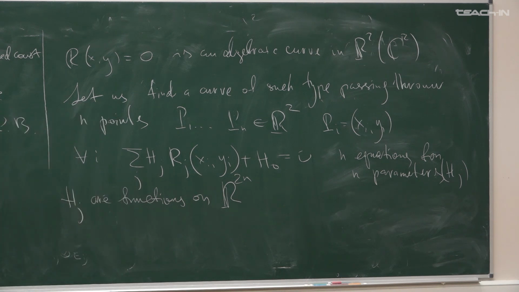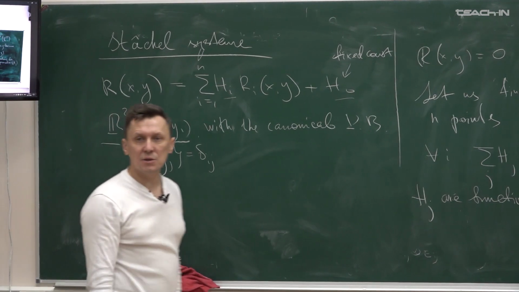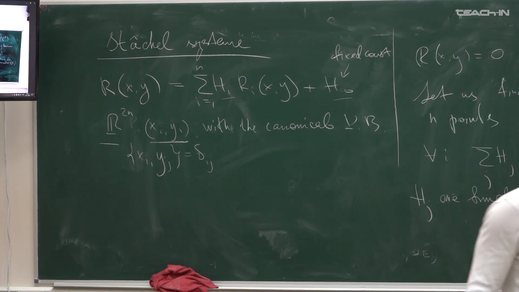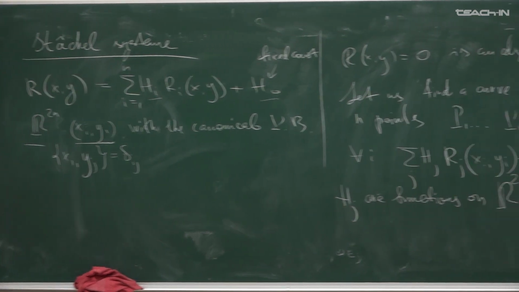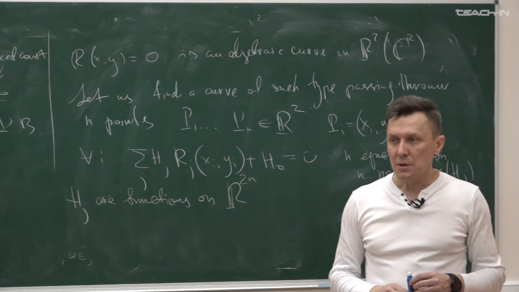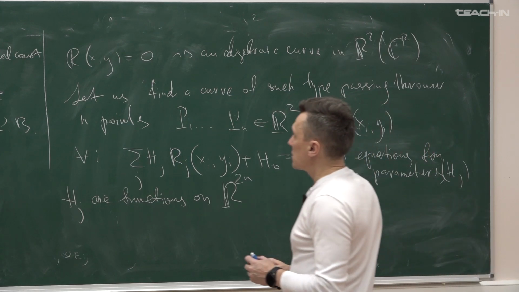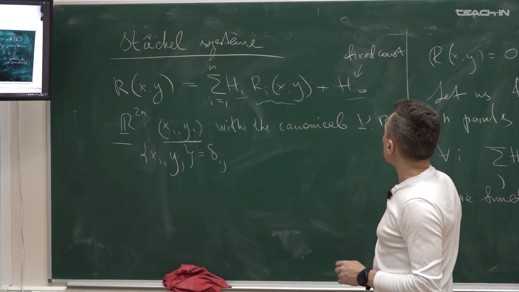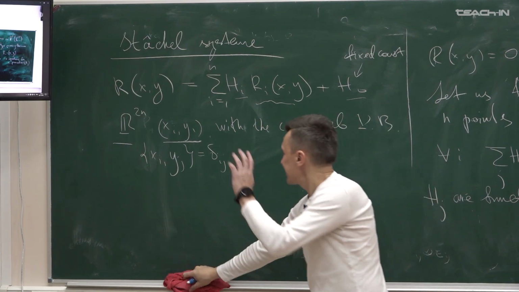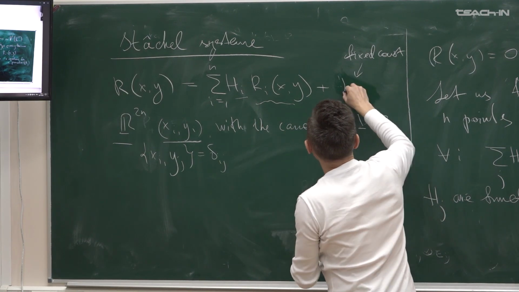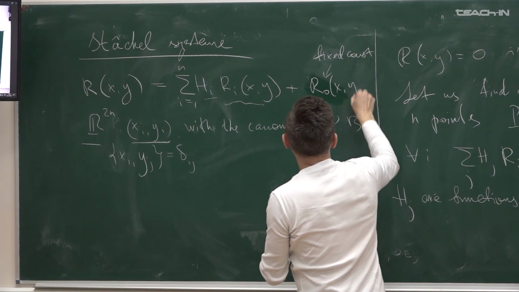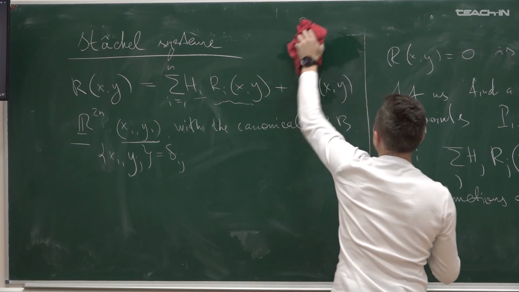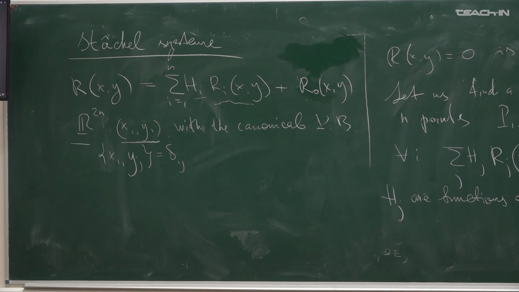Remember, we have R^2n with such pairs of variables with the canonical Poisson bracket.